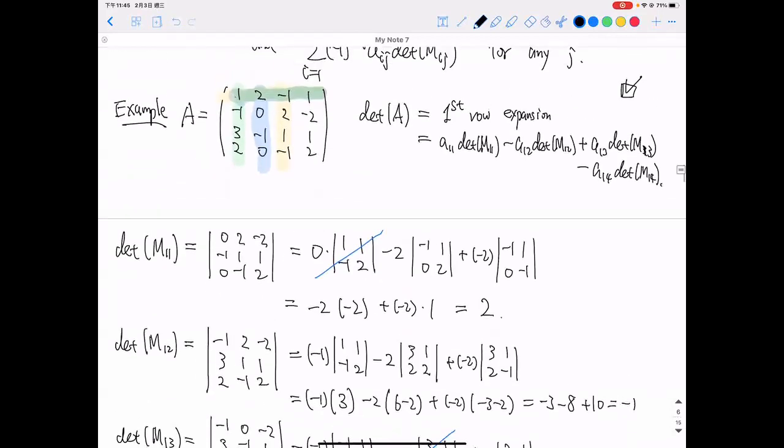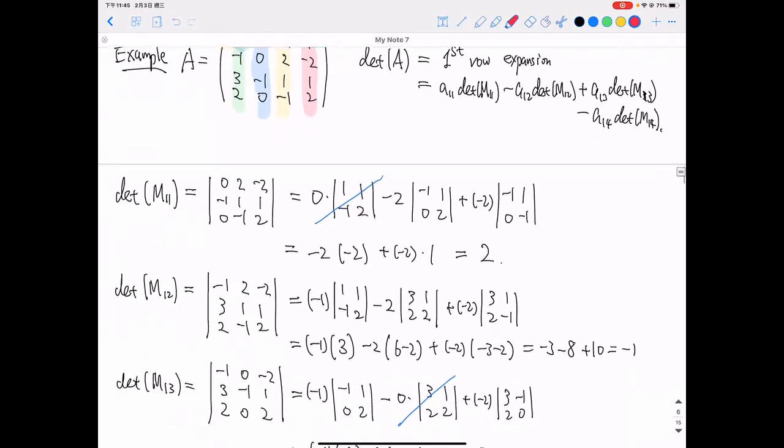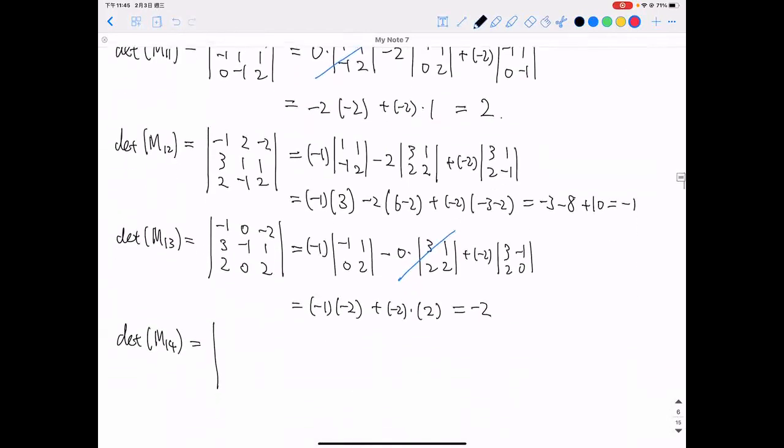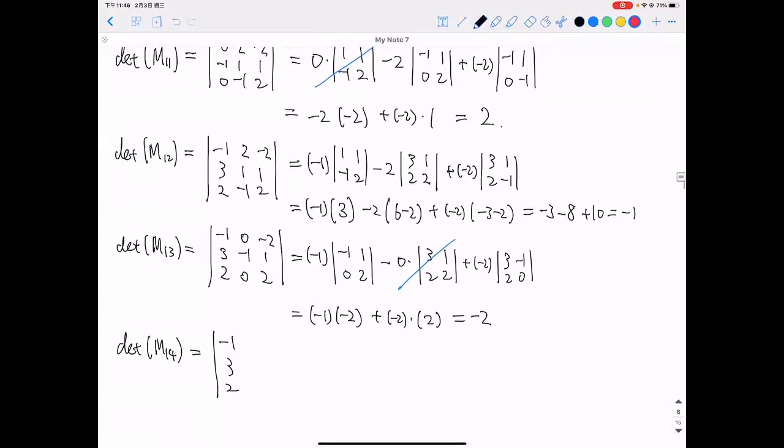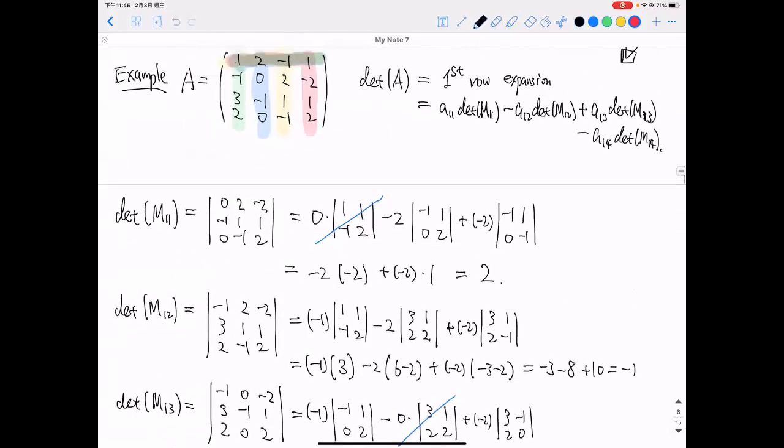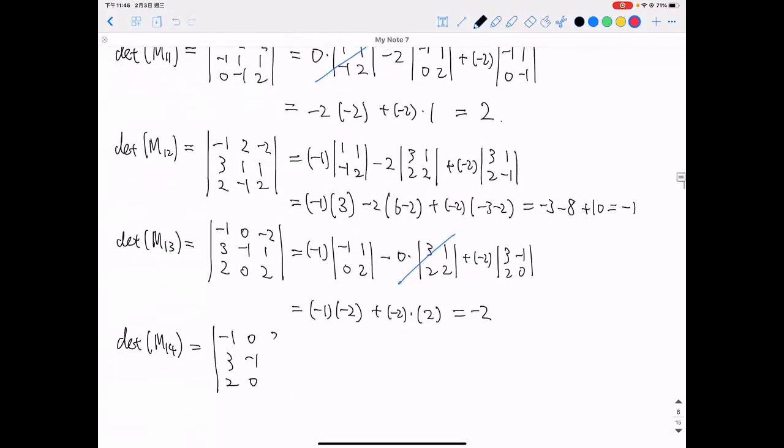M14 is going to be, you're going to delete the first row, last column, or the fourth column. So that is minus 1, 3, 2; 0, minus 1, 0; and 2, minus 1, 2, 1, minus 1. Okay, and you compute again like that.